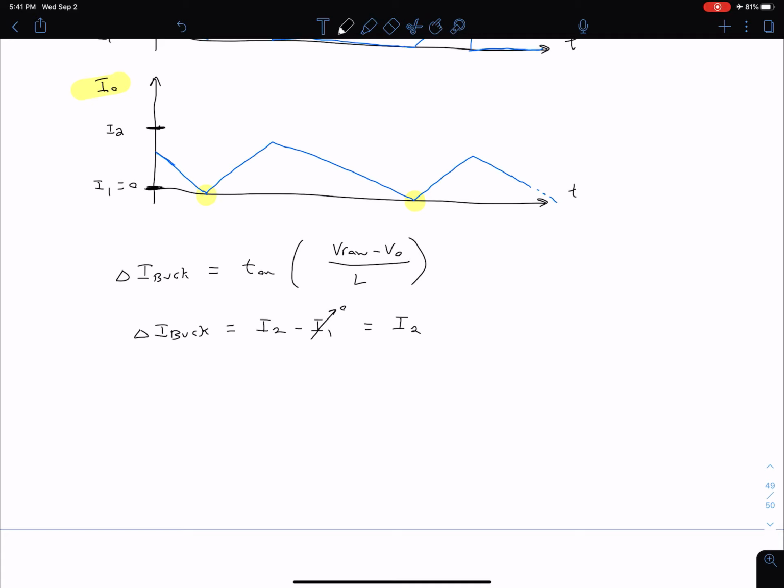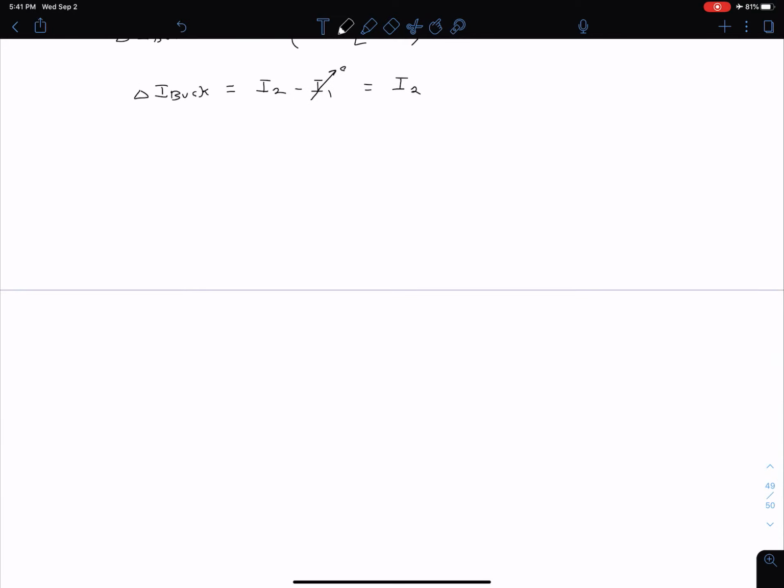That's going to correspond to when we have our I min, our lowest output current. So let's say our worst case occurs for I min. So our I2 is closer to 0, which means it doesn't take as much time to decay towards 0 with the same inductor.